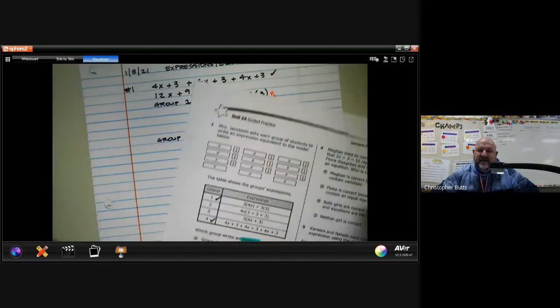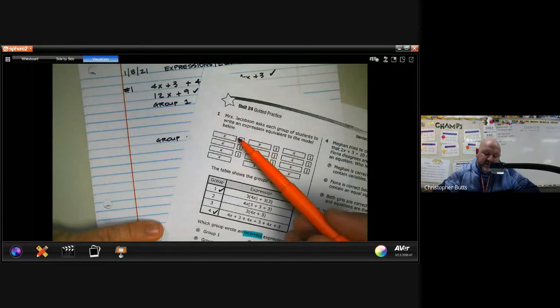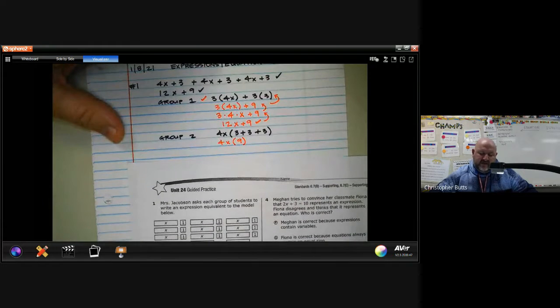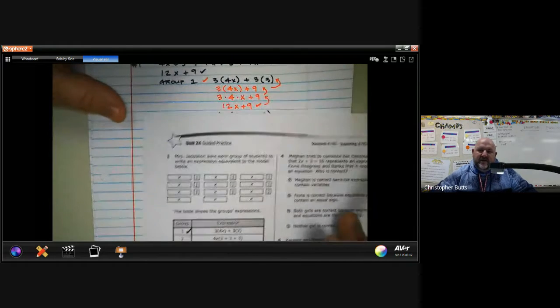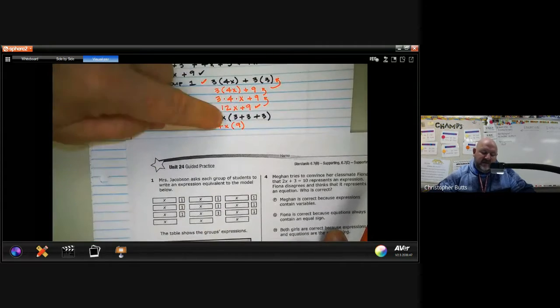This picture doesn't have just 4. It has 12 total, 1, 2, 3, 4, 5, 6, 7, 8, 9, 10, 11, 12. So 4x is not enough to represent that picture. And although we do have 9 positives, we're not multiplying by them.